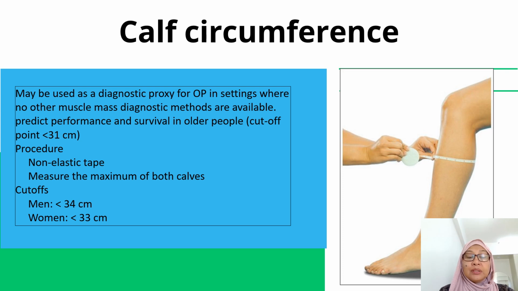The cutoff points are: for men less than 34 cm, for women less than 33 cm, to probably diagnose them as having the possibility of sarcopenia. This method is particularly useful in settings where other diagnostic tools are not available.